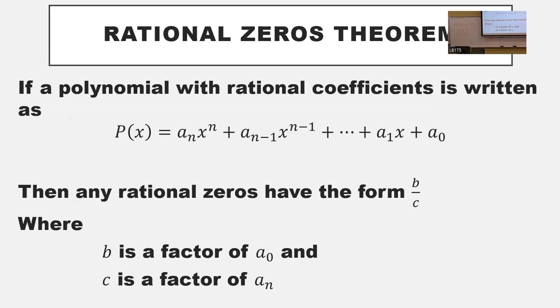Now, this isn't a crazy thing. Think of our polynomial as having all integer coefficients or rational number coefficients. Okay? In the ones I give you, it'll be all integer coefficients. So imagine our polynomial has all integer coefficients, just like all the ones we've been dealing with.